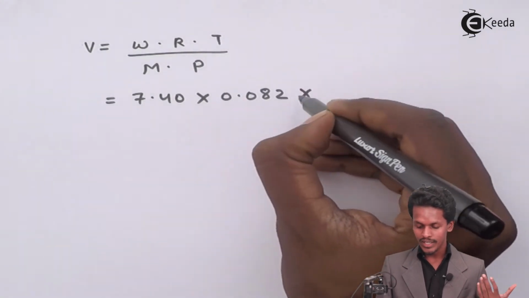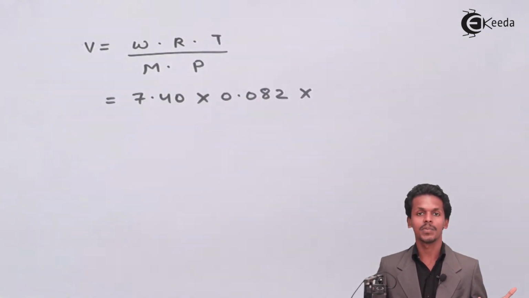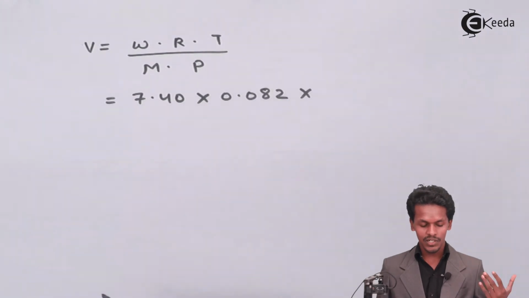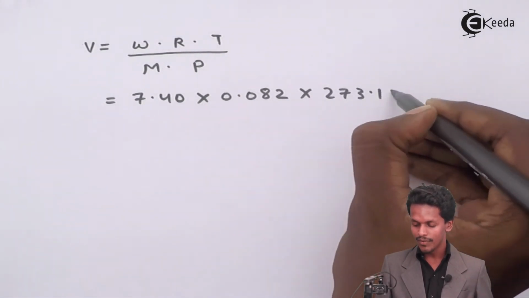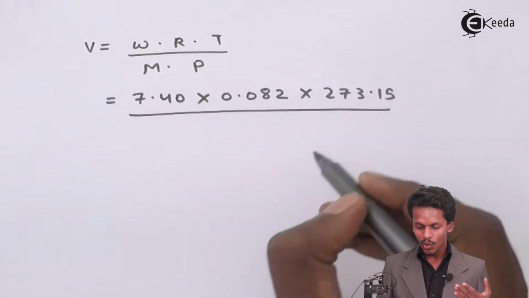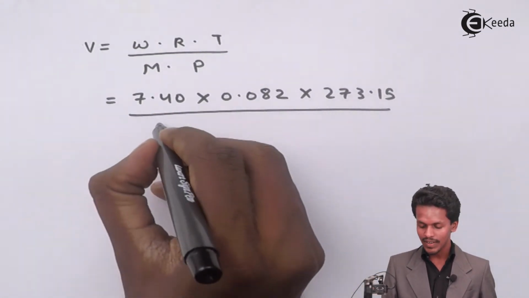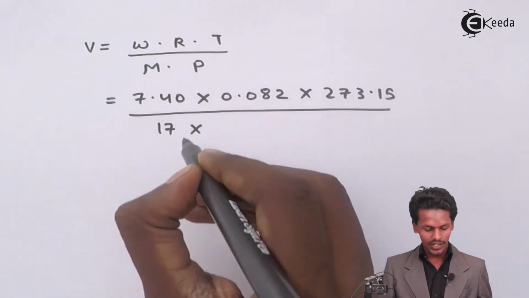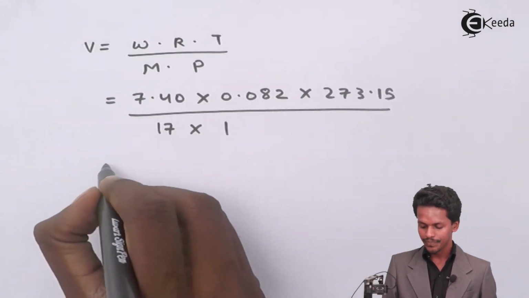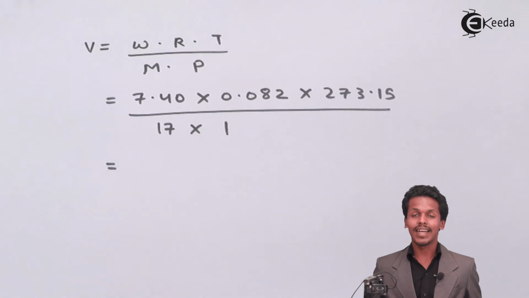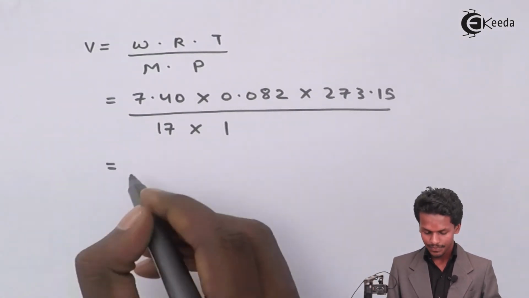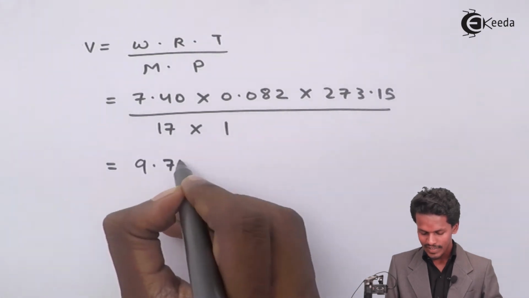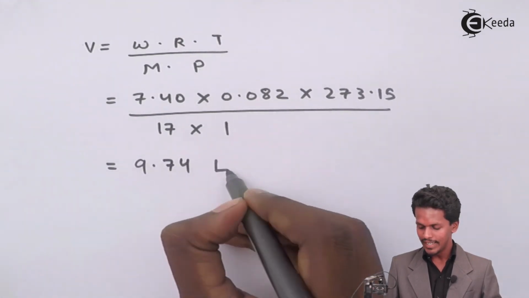For the temperature, because they state it is standard temperature and pressure, we have 273.15 Kelvin, and the molecular weight of ammonia is given as 17, while the pressure is 1 atmosphere. If I calculate this, we get the answer as 9.74 liters.